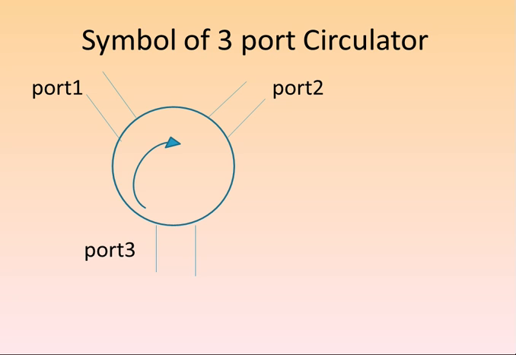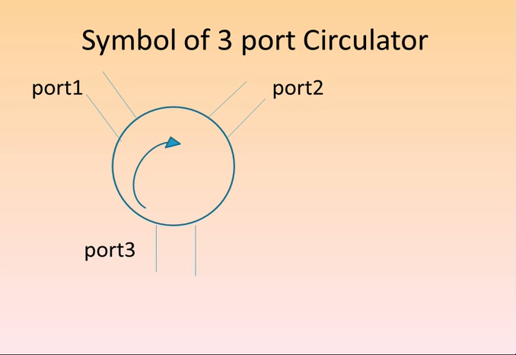So it is just a junction. It will carry the signal from one point to another point. If you are applying a signal at port 2, the same signal will be available at port 3 and 0 signal will be available at port 1.